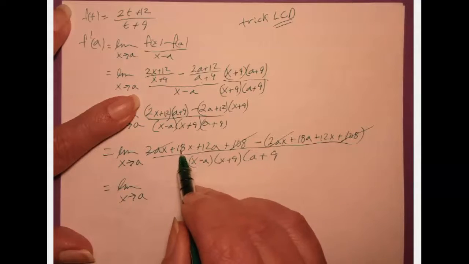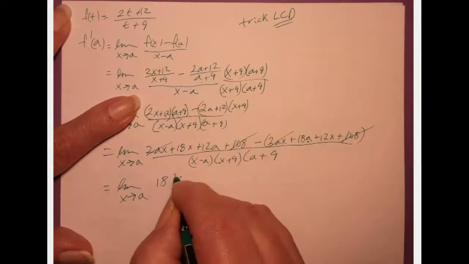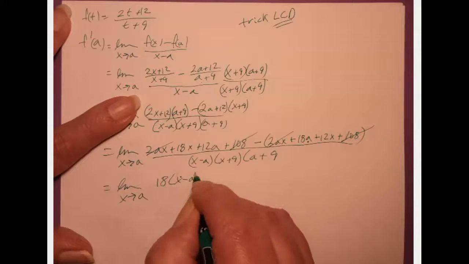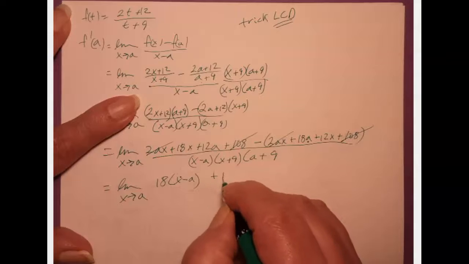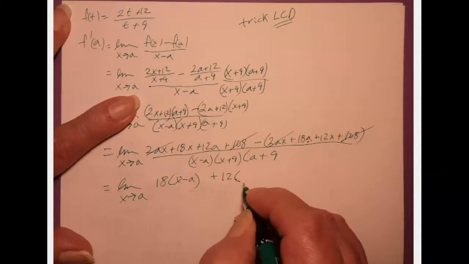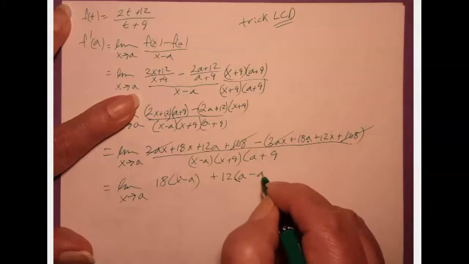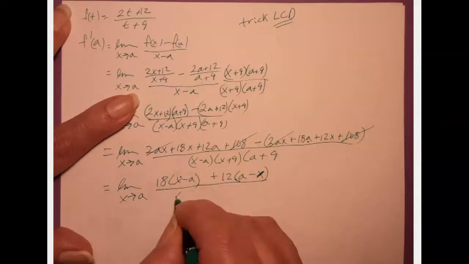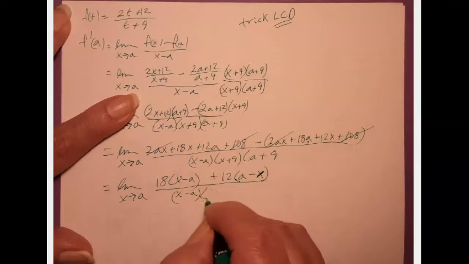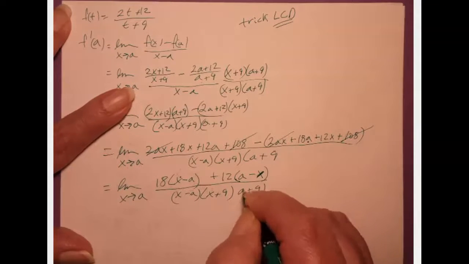And if I rearrange these, I'm left with 18 times x minus a, 18x minus 18a, plus 12 times a minus x, all over x minus a times x plus 9 times a plus 9.